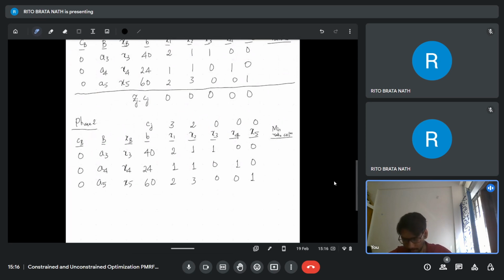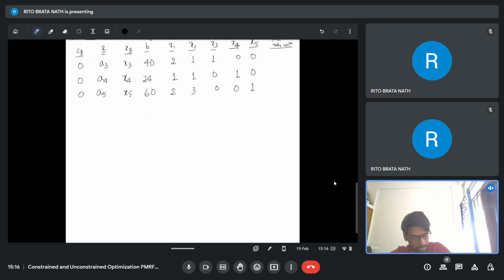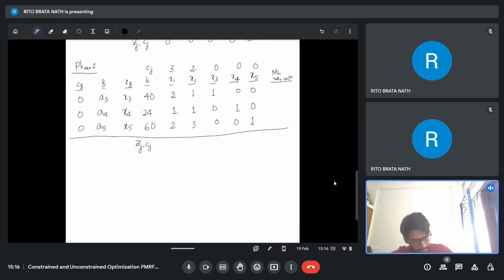Right. So now what you can do again, similarly, is calculate the reduced cost. And here it will be different. This will be minus 3, this is minus 2, 0, 0, 0. This one will be the most negative one, so this will be your entering variable. And let's calculate the min ratio. This is 40 by 2, 20.